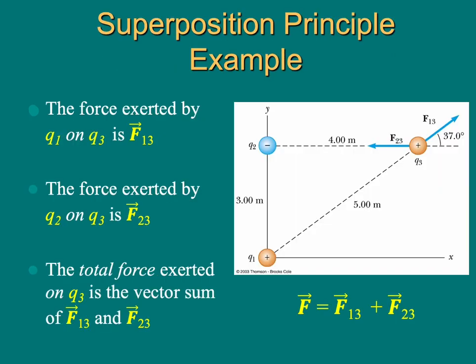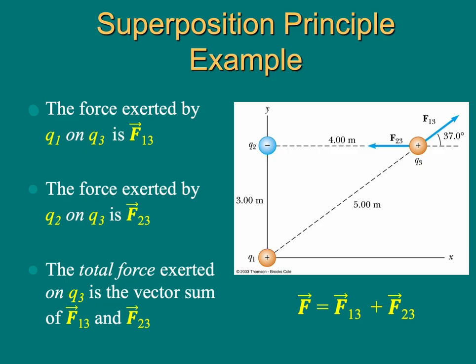To make it more concrete, we have charges Q1, Q2, Q3. I want to find out the net force, in other words the total force, on charge Q3. First, I find the force from Q1 on Q3. Q1 and Q3 are both positive, so the force is repulsive.